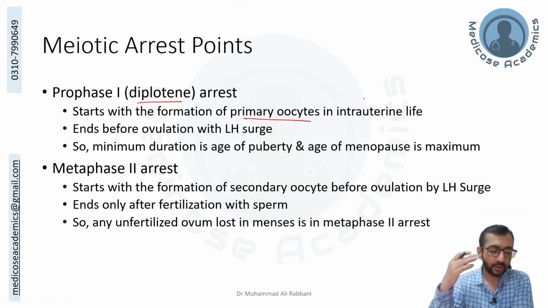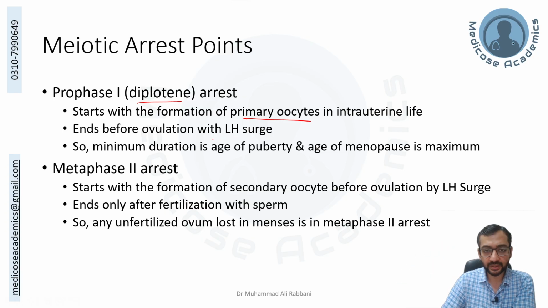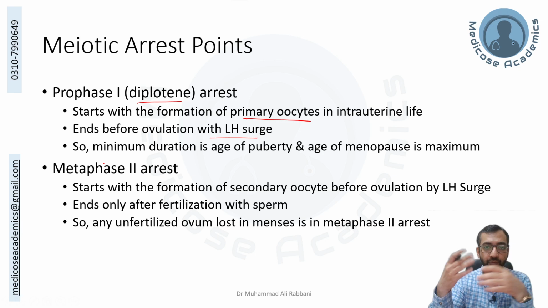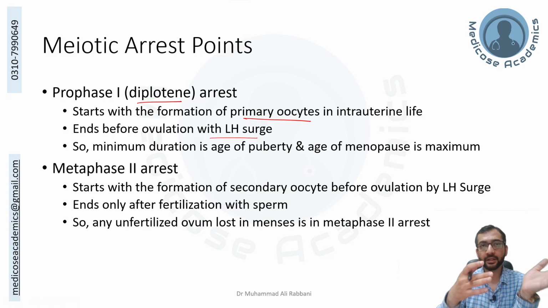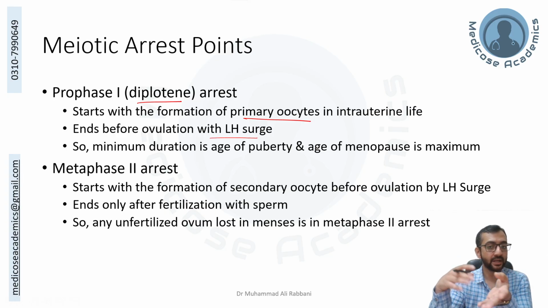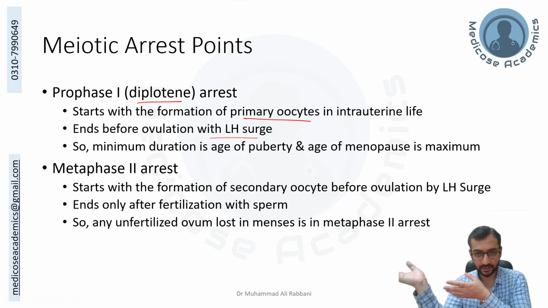It remained all the way till the growing follicle reached the point of ovulation, which was triggered by the LH surge. The earliest release is at puberty, and this arrest is maintained in those primary oocytes that go all the way till menopause.